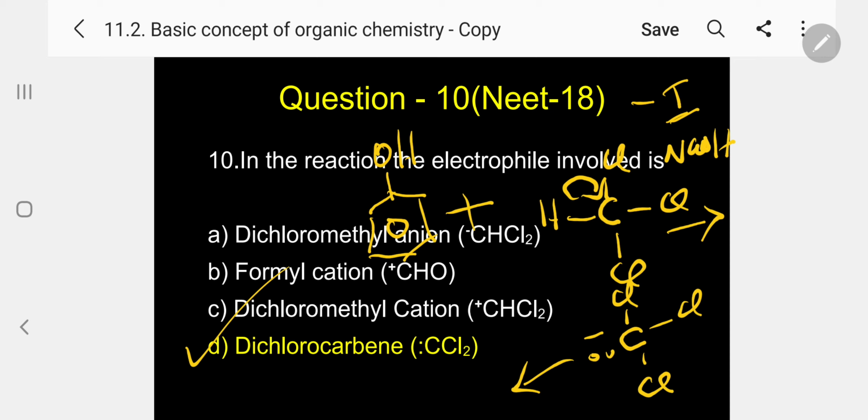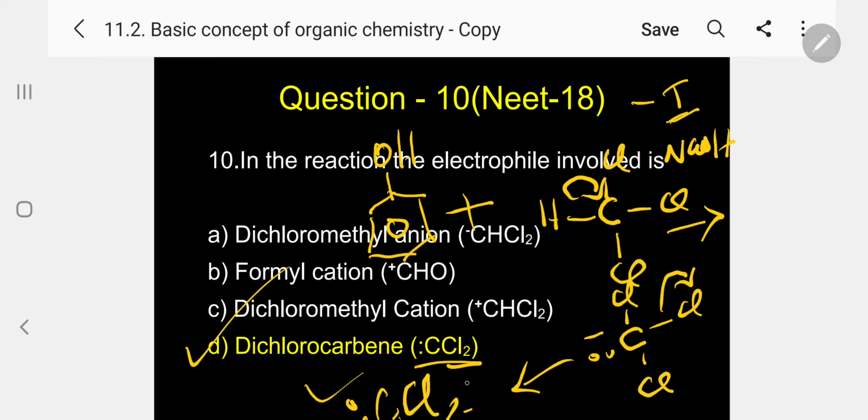From here, one chlorine atom goes out in the form of Cl minus. It is producing CCl2, kindly follow, with the two electrons. So this is the species formed.